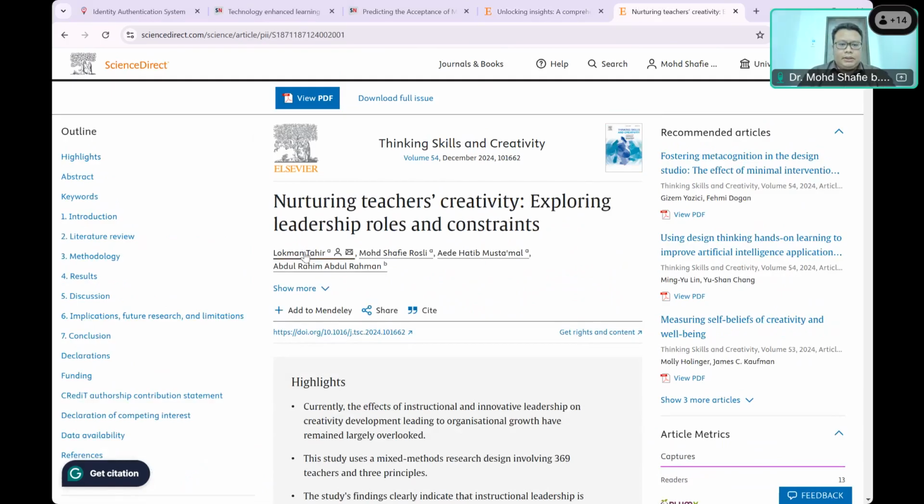The main author is Prof. Lokman Tahir, a professor from our faculty, and this is my name. We can understand how to nurture teacher creativity, what the effects of leadership roles are and what the constraints are. However, in this article we don't use the covariance-based SEM totally. We are using a qualitative perspective.